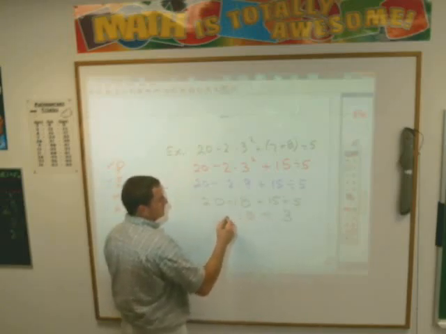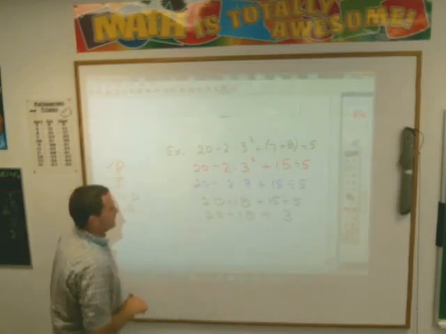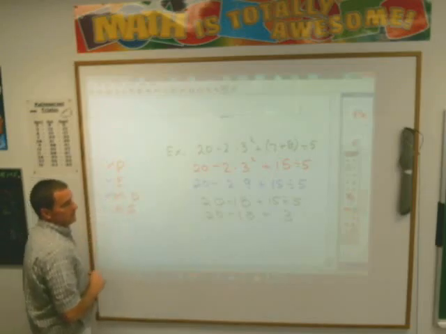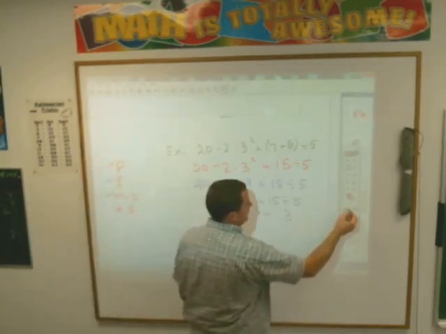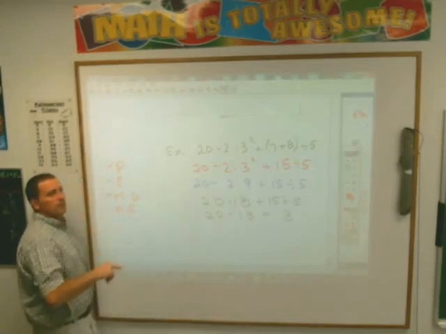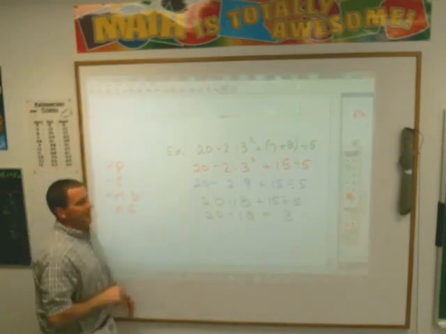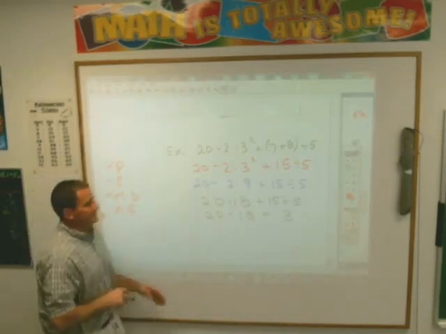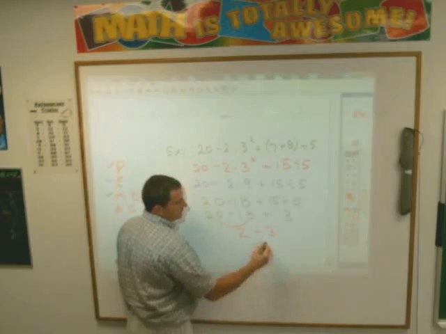Now I've done my multiplication and division, and then the last one is I'm going to do the addition and subtraction again from left to right. You can't add 18 and 3 and make it 21 and say this is 20 minus 21. It's not. It is 20 minus 18 first, which is 2, and then 2 plus 3 is 5.